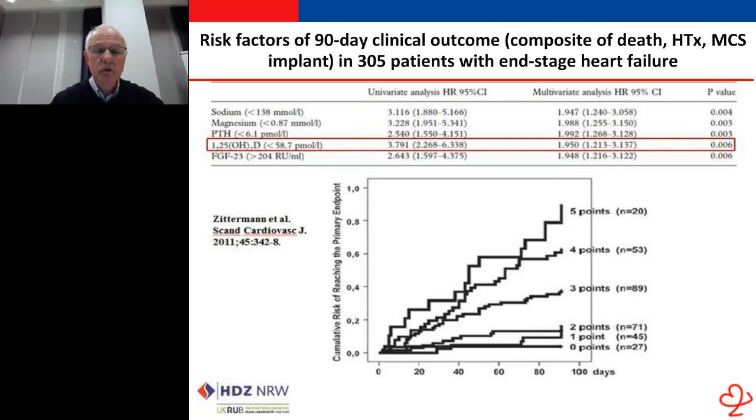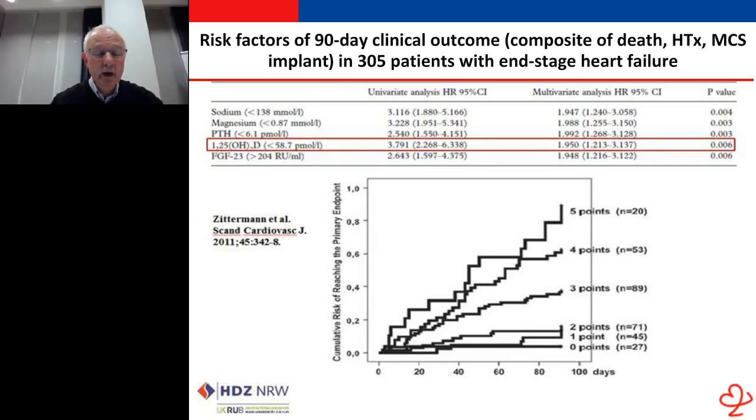And what we also did, we looked at the outcome in patients with end-stage heart failure and on clinical outcomes, for example, death, heart transplantation, and mechanical circulatory support implants. And we were able to use a risk score, and this risk score consisted of 5 different biochemical parameters.